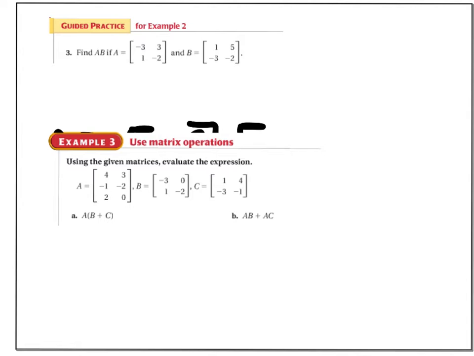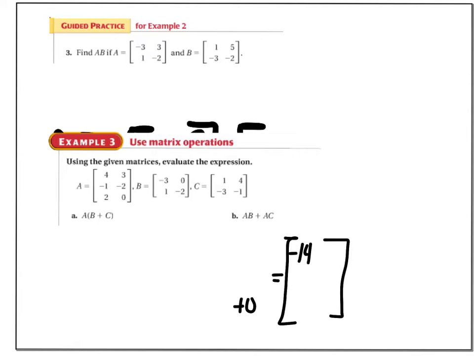Then finally, I will take 2 times 4, which is 8, plus 0 times the negative 3, which again is plus 0.